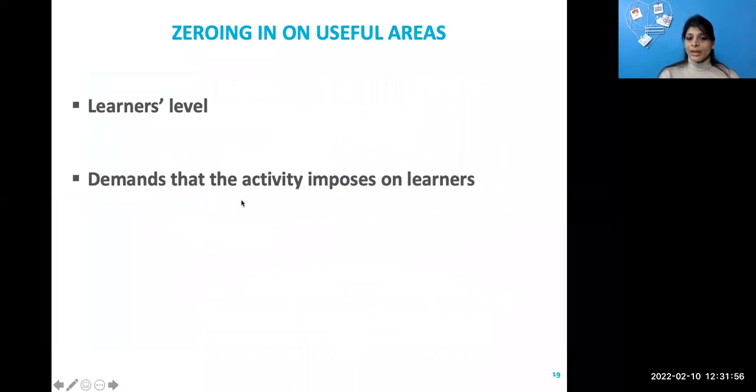The other thing would be the activity itself. The activity itself can tell us a lot about what our focus should be. A useful thing to do would be doing the activity yourself. You could do the activity with one or two colleagues to see what kind of language is naturally coming up in the discussion, because whatever is naturally going to come up, it makes more sense to focus on that.